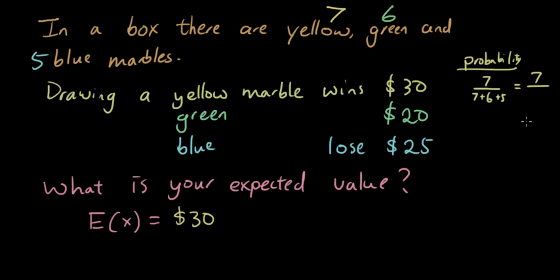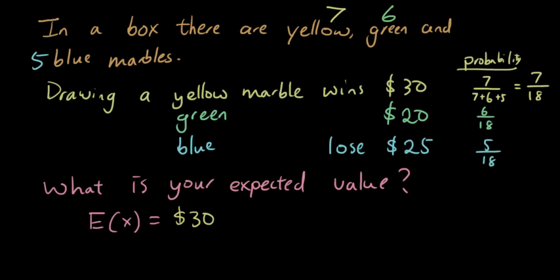Because that's how many marbles there are in total. 18. 7 out of 18. The probability of getting a green marble is 6 out of 18. And the probability of getting a blue marble is 5 out of 18.